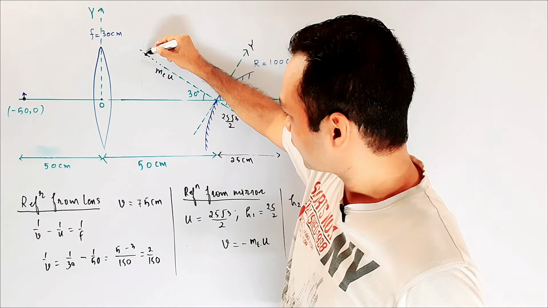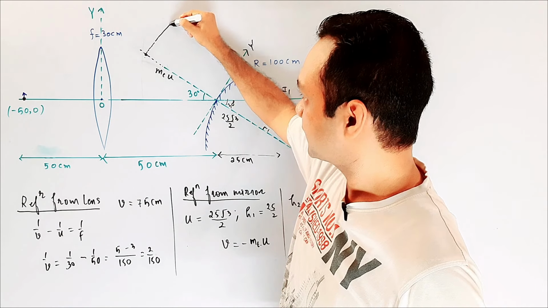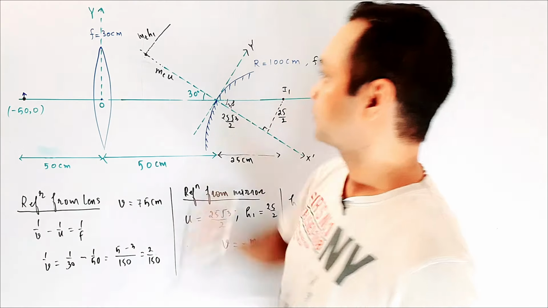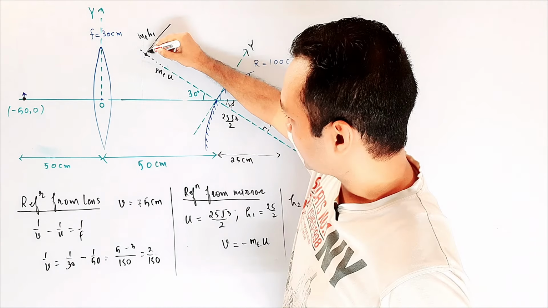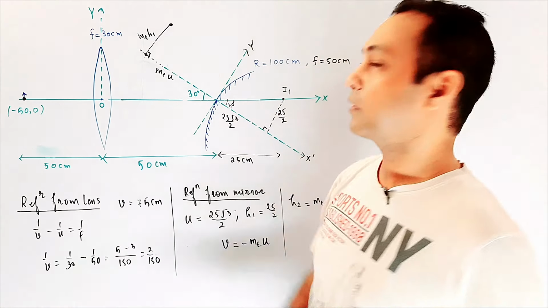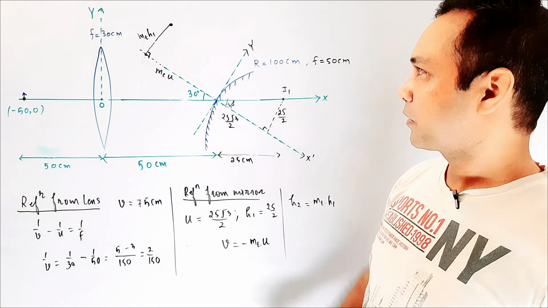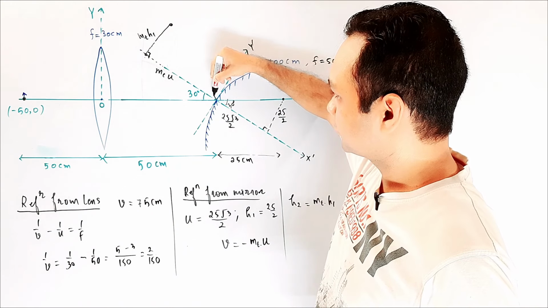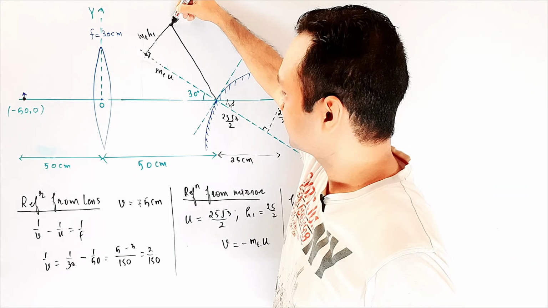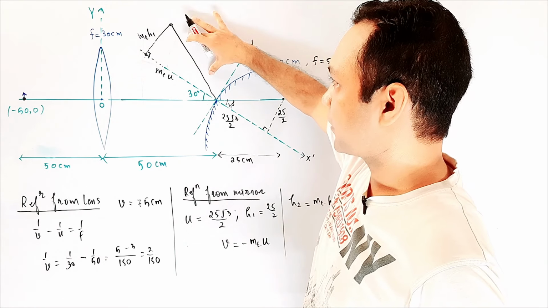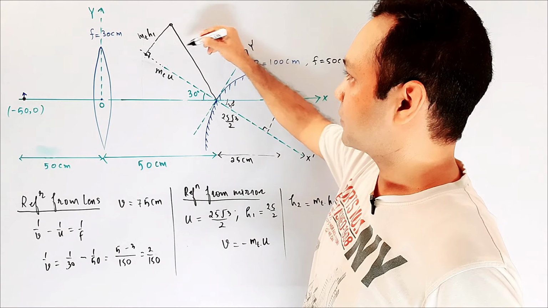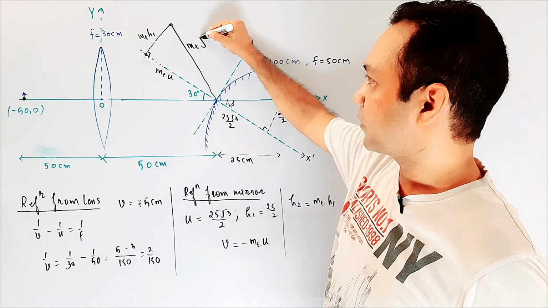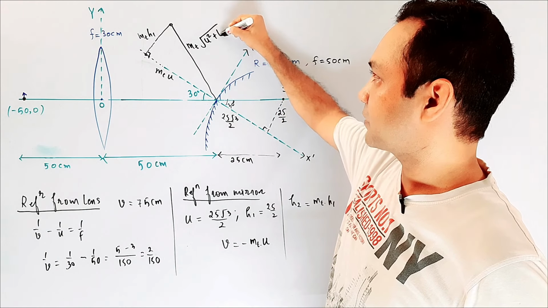So the image would be from here at a height mt into h1, and obviously this angle would be 90 degrees, and we have to find the coordinates of this point. So if I make this line, this length would be, from the Pythagoras theorem, mt into the square root of u square plus h1 square.